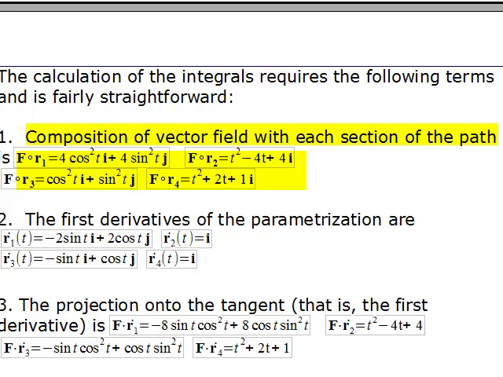Then you need the first derivative of each piece of the parameterization. That's given right here. And now you take the dot product between these two, and that becomes the integrand for each integral.